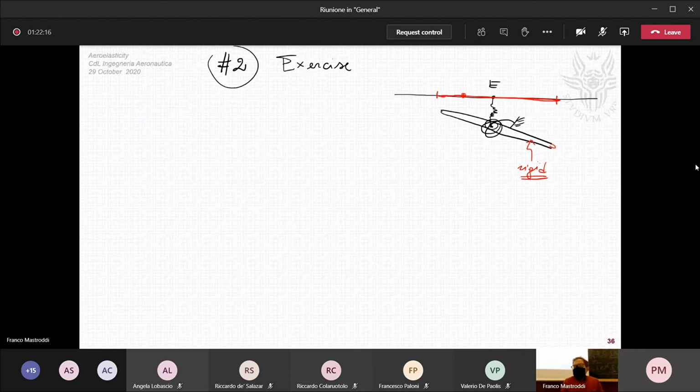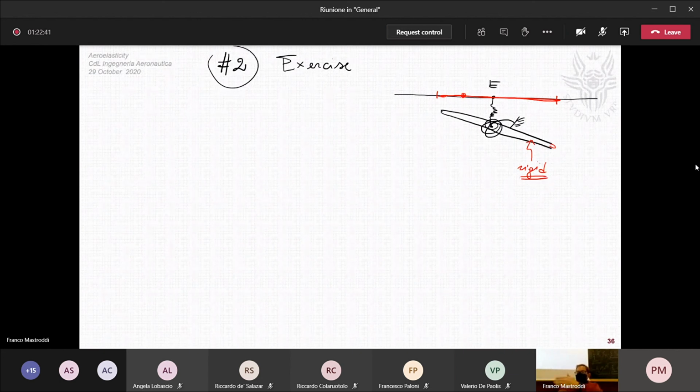But what are we describing? We're describing essentially the motion of a wing, and that's the reason for the name typical section. For a section you have translation, which is associated with the bending, and you have rotation, which is associated with the torsion.